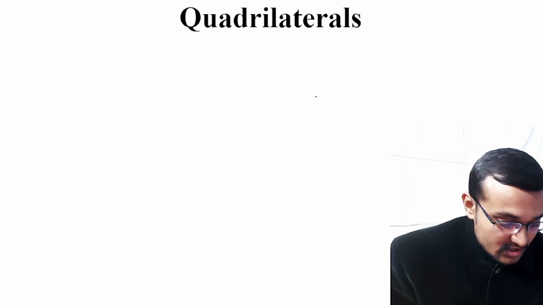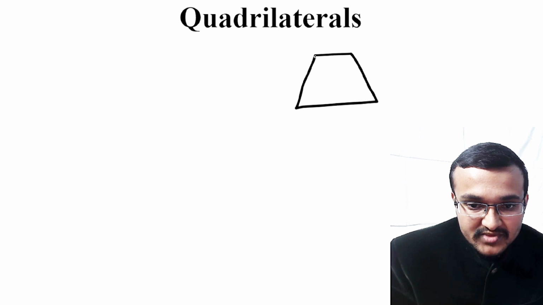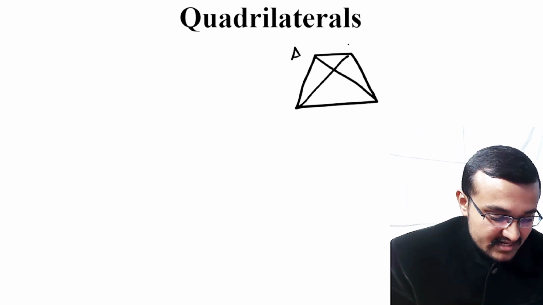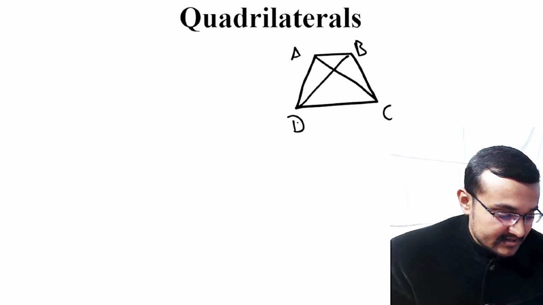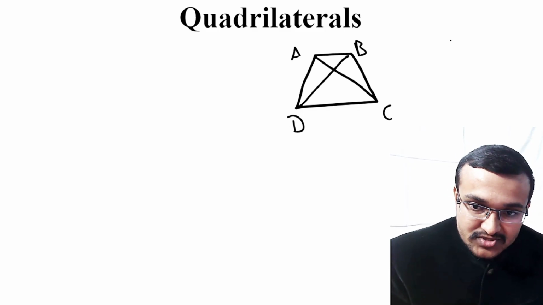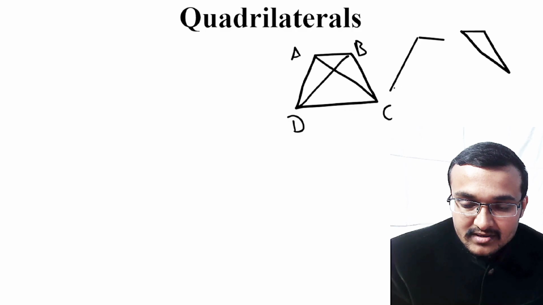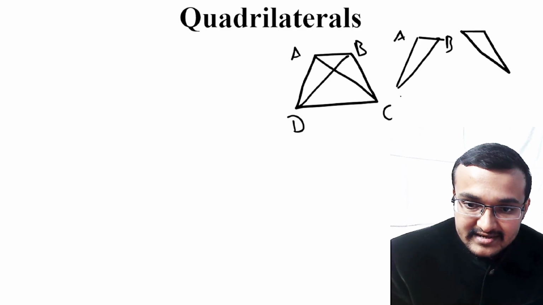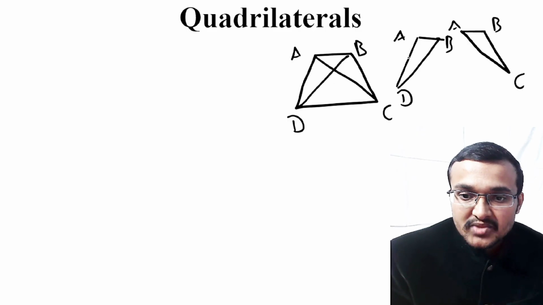Now we have to prove triangles are congruent with each other. So in the same trapezium, if you draw diagonals like this, this is ABCD. You need to prove that this particular triangle ABD is congruent with triangle ABC.